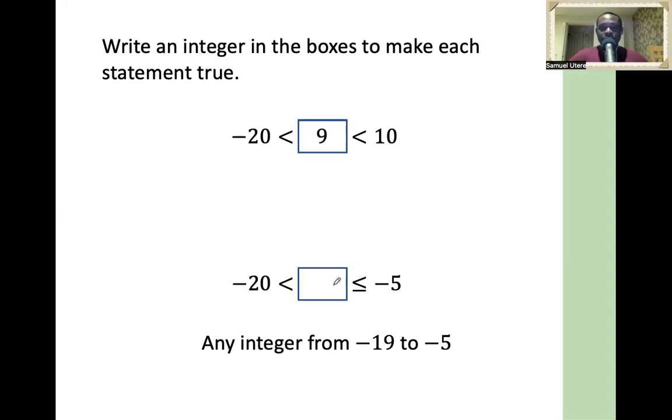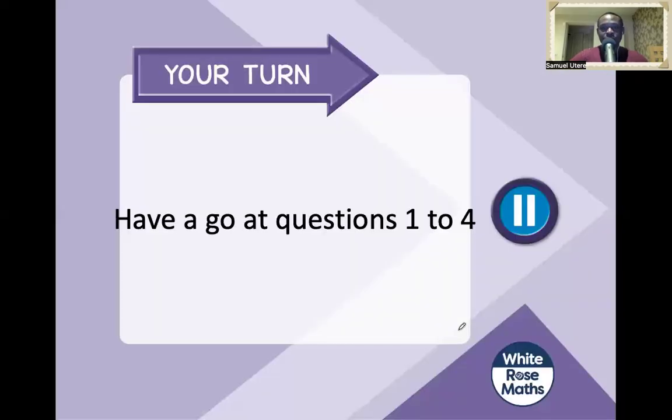So the number here could be either less than negative 5 or equal to negative 5. So the numbers that we could use are any integers from negative 19, which is greater than negative 20, up to negative 5.